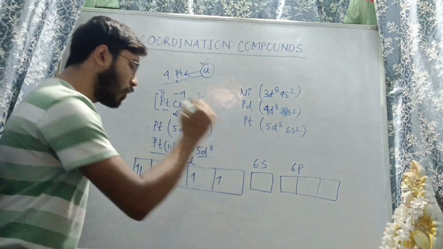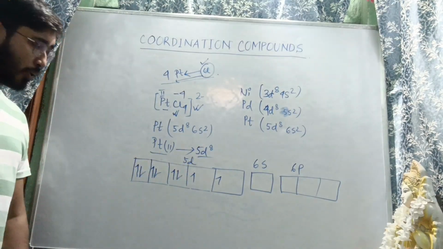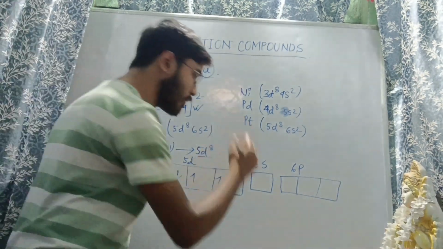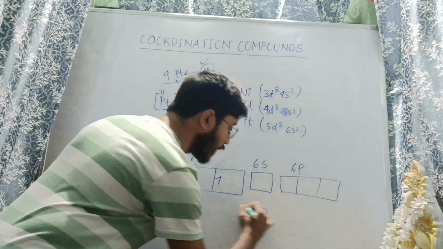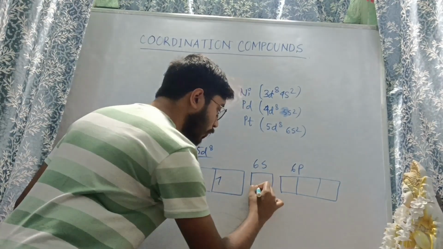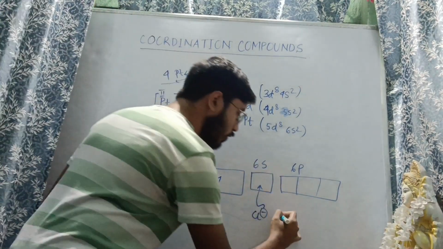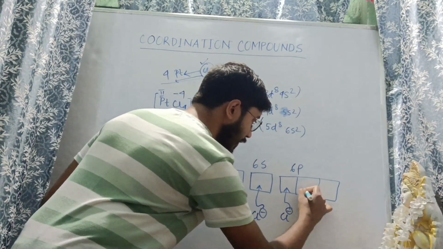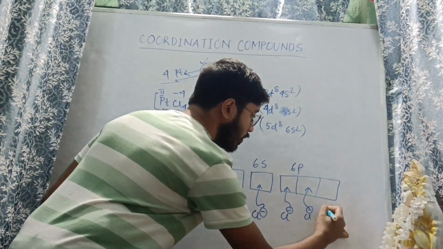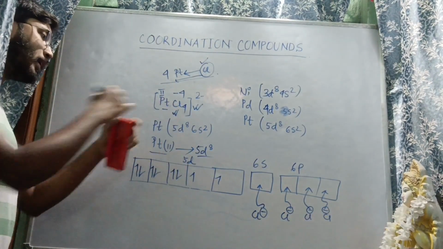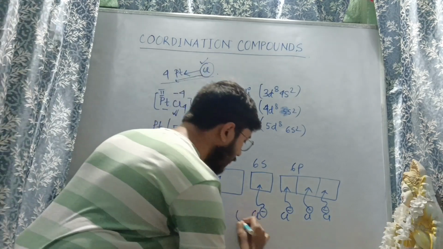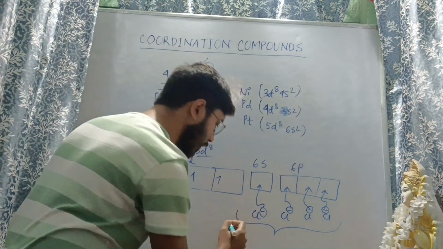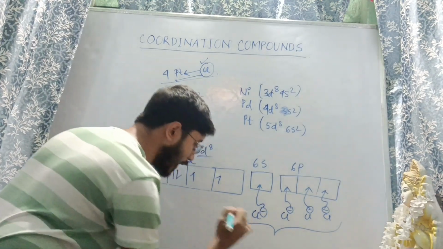So the unpaired electrons do not pair up. So the chloride ion donates its electrons into the 6s and 6p orbitals. So 4 chloride ions are there: Cl minus, 2Cl, 3Cl and the 4th Cl minus. So what is the hybridization? We see that the hybridization is sp3 hybridization.